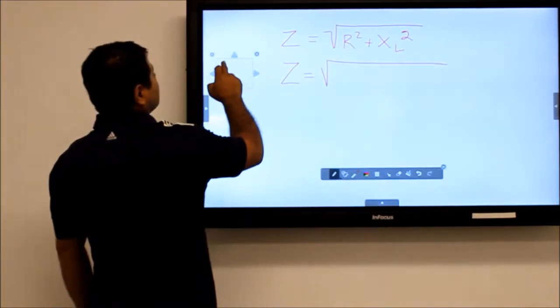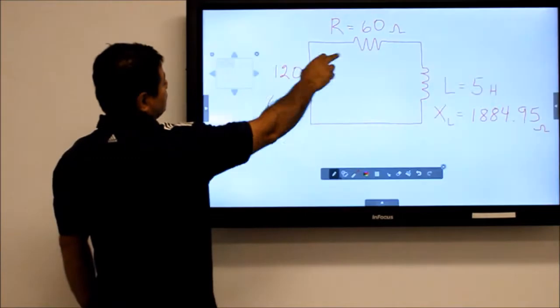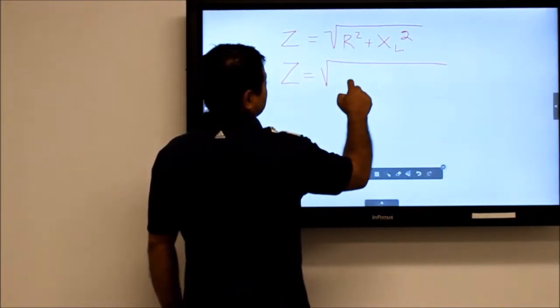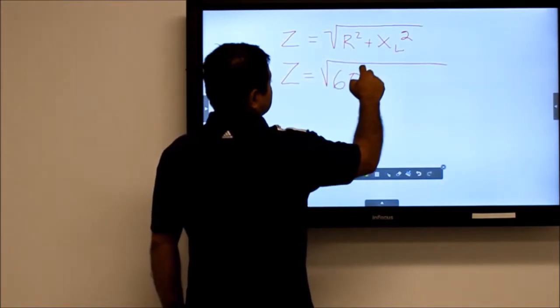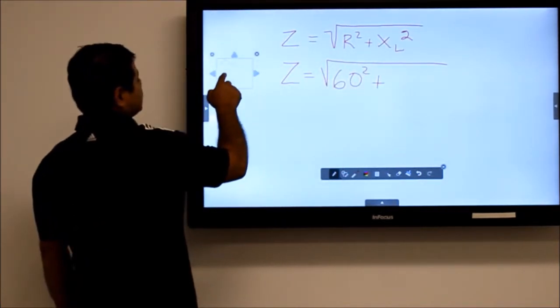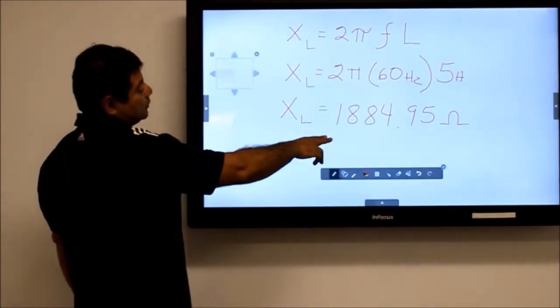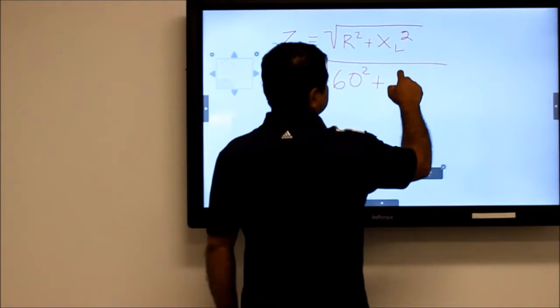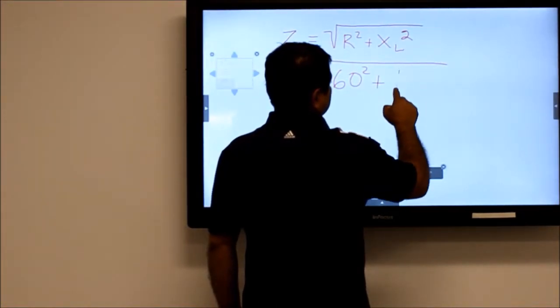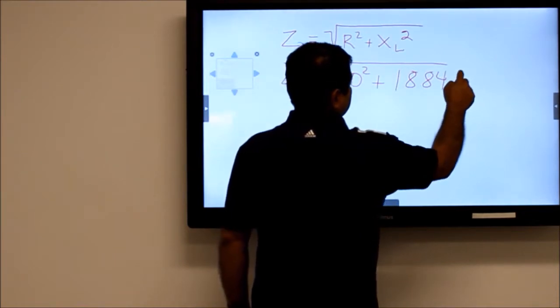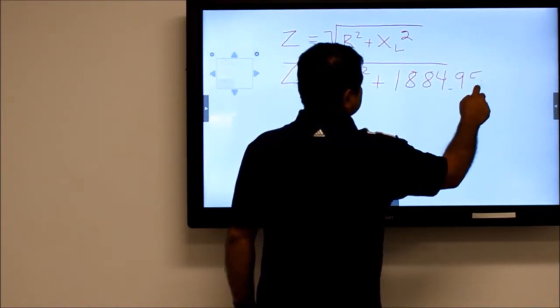The ohmic value for the resistor was 60 ohms, so I'm going to replace it: 60 ohms squared plus the inductive reactance for the inductor, which is 1884.95. Don't forget to square it.